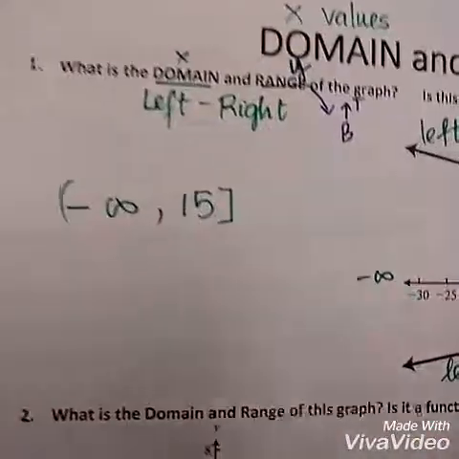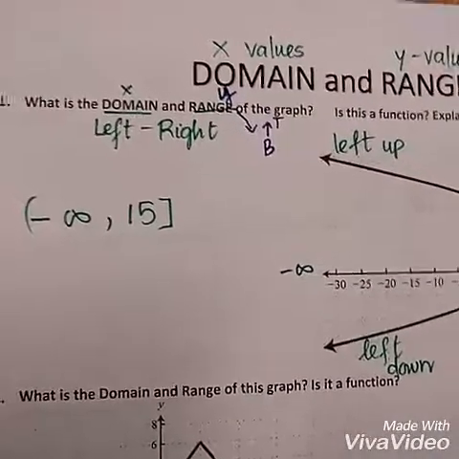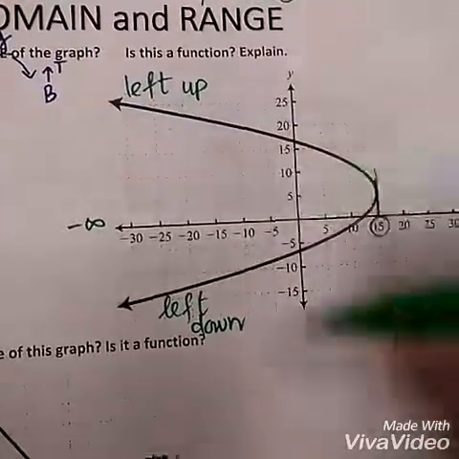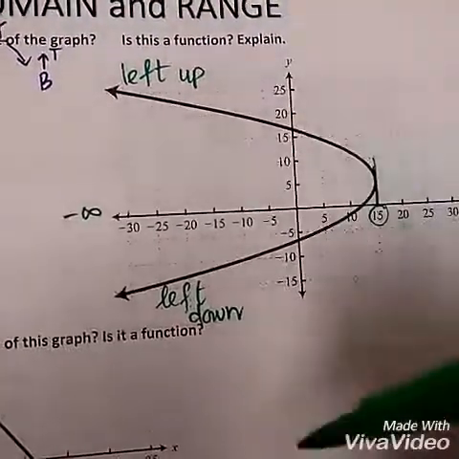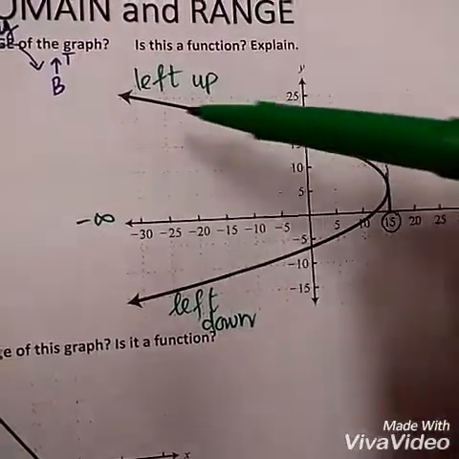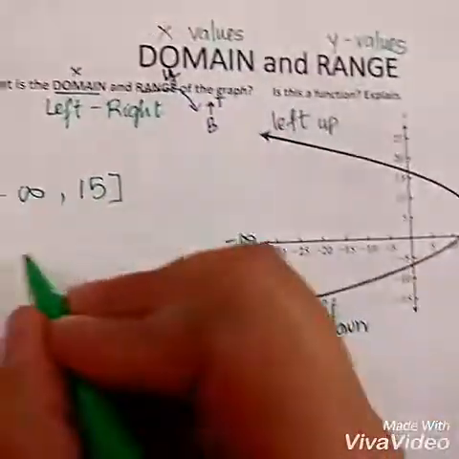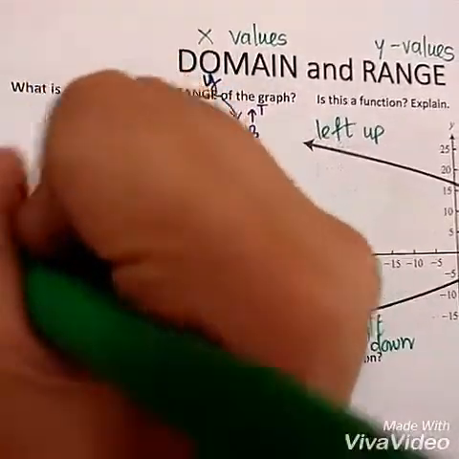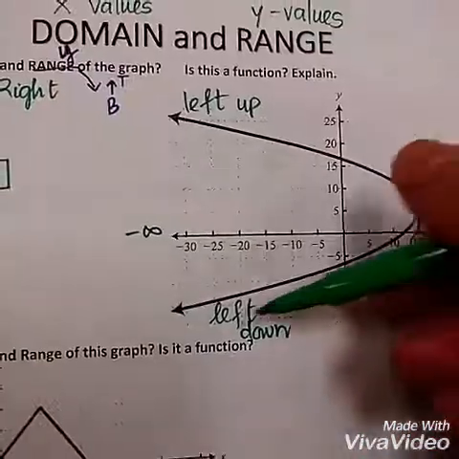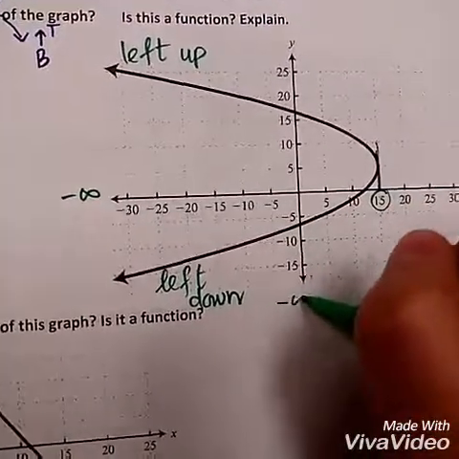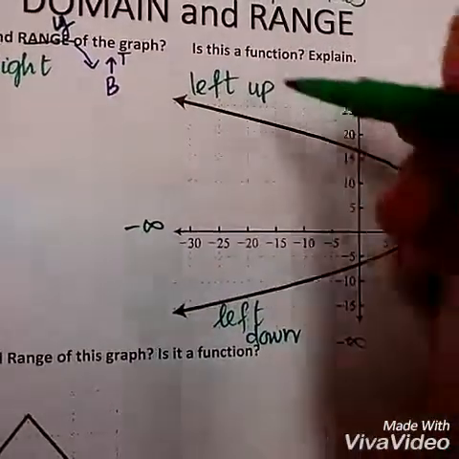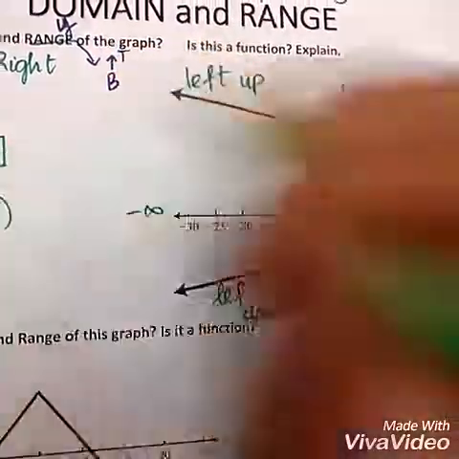For the range, I'm looking at the y value, so I'm looking at the side on the y right here, the vertical line. Since this one is pointing all the way down and the other half is pointing all the way up, the range is going to be from negative infinity, because if you go all the way down it's going to reach negative infinity, until all the way up to positive infinity.